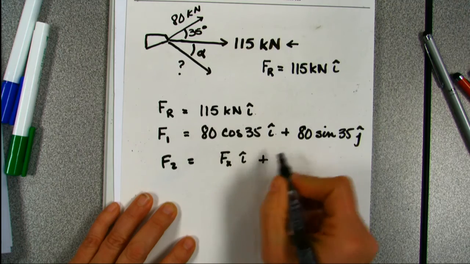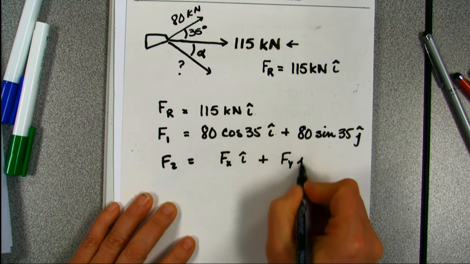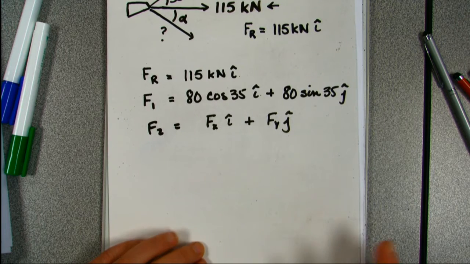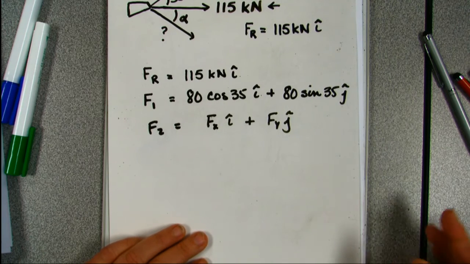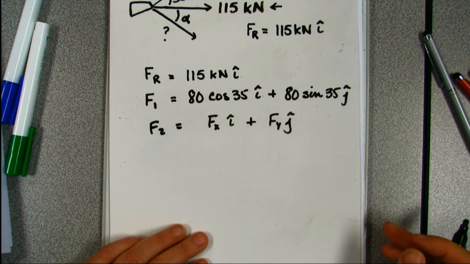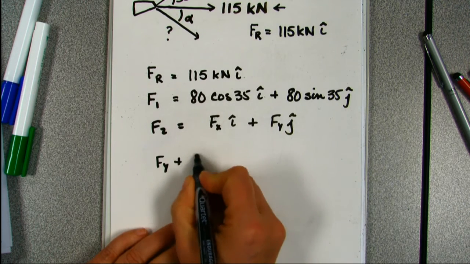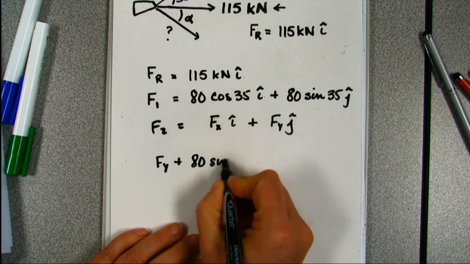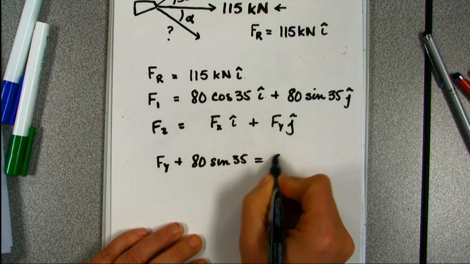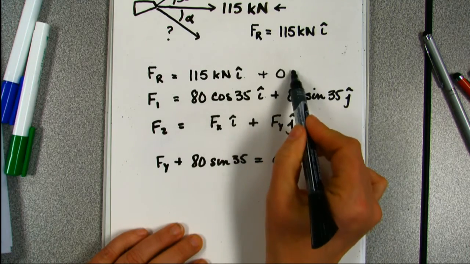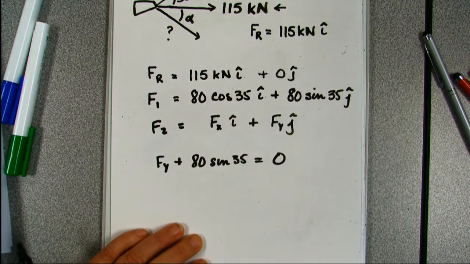Fx i plus Fy j. Now, what we need to know is that my x and my y directions are independent. So Fy plus 80 sine of 35 has got to equal 0, because there is no y component in my resultant vector.